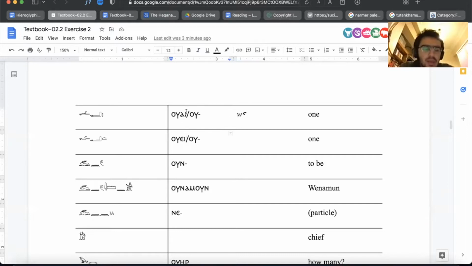Because the T, mostly as I understand from my Coptic lessons, the last T, the gender T, is mostly omitted in Coptic, and in Late Egyptian too, just not omitted in writing.